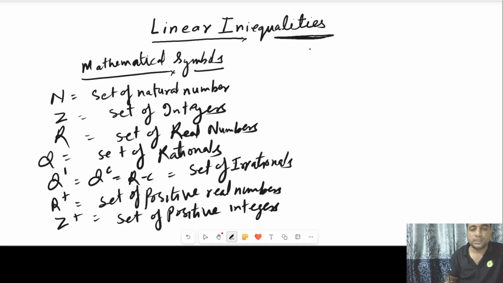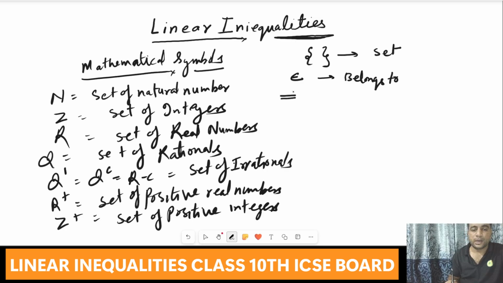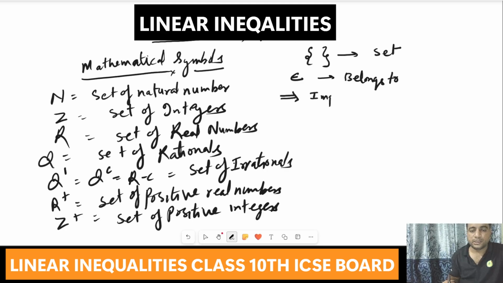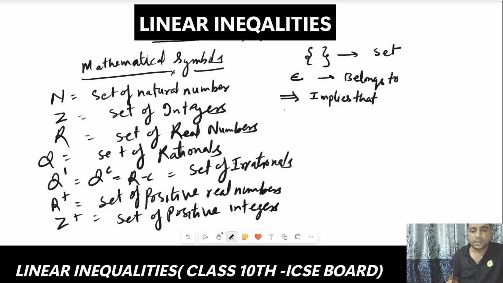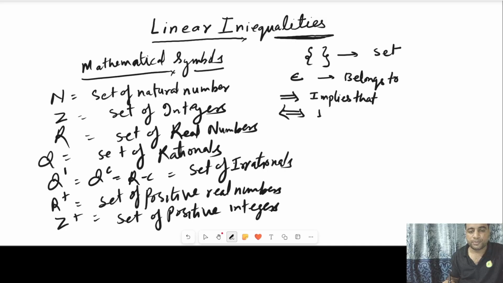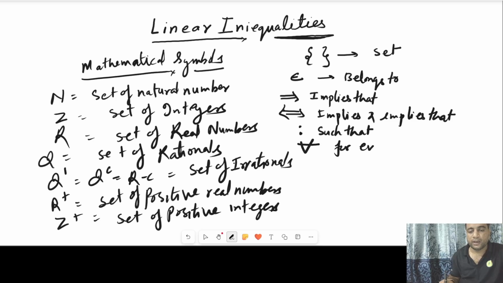Now, the curly brackets on both sides represent a set, and this symbol represents belongs to. A one-sided arrow represents implies that, and a double-sided arrow represents implies and is implied by. These two dots represent such that, and this symbol represents for every or for all.